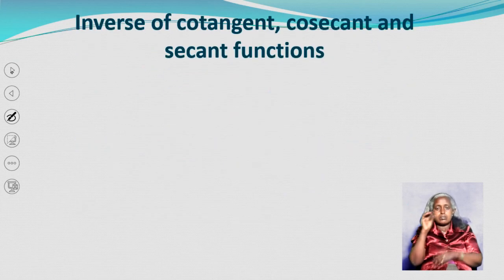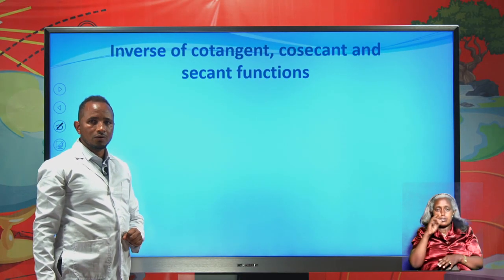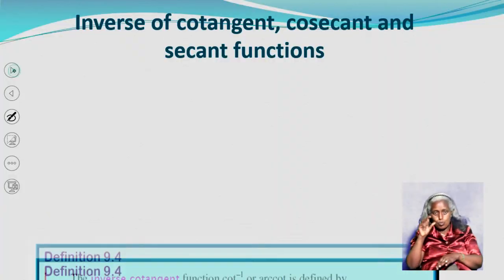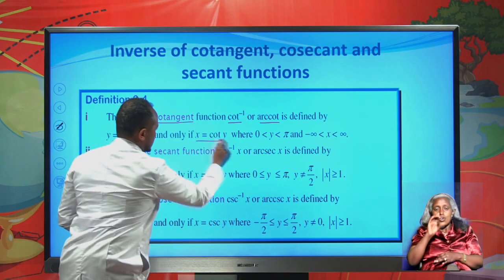Okay, now let's see inverse of other trigonometric functions: cotangent, secant, and cosecant. So let's see a definition. The inverse of cotangent function is written cot inverse, or arc cot, and it's defined by y is equal to cot inverse of x if and only if cot y is equal to x.